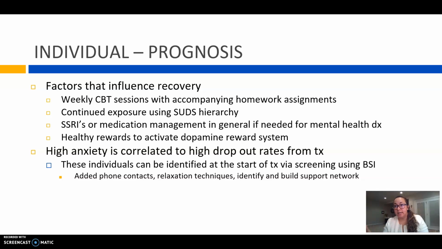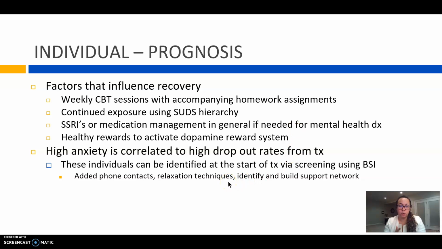It would be terrible if they just went up that hierarchy, triggering themselves more and more without any reward, and then experiencing that dopamine depletion, which is a terrible feeling. We would want to support them with alternative rewards. And then maintaining medication management for pre-existing mental health symptoms, looking into SSRIs if they haven't before, or just continuing the medication regimen they already have.